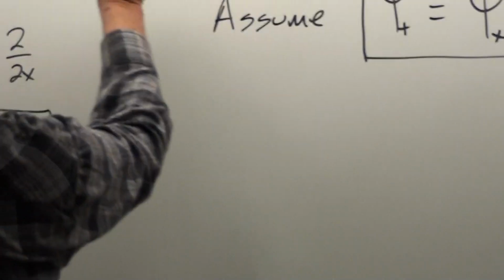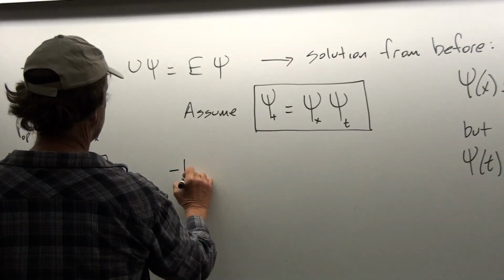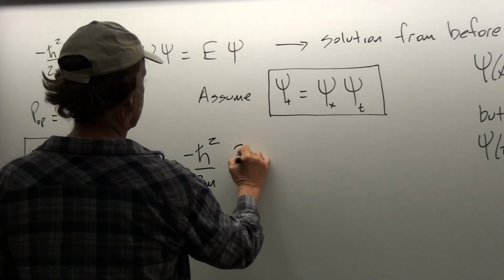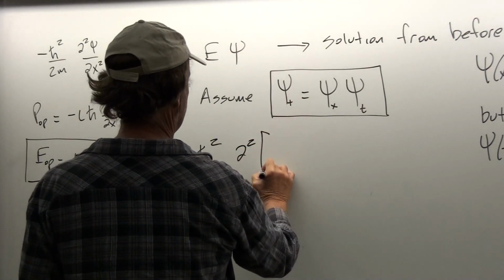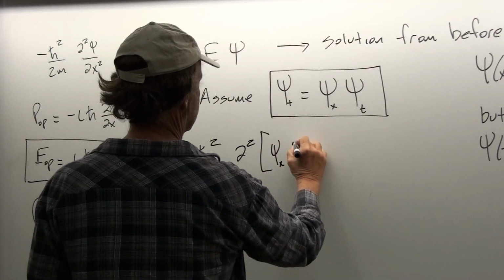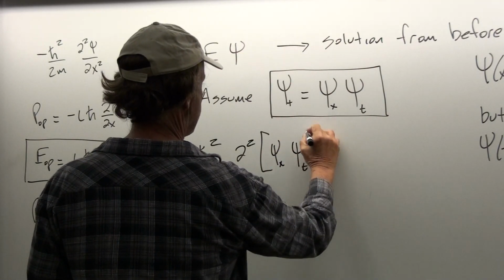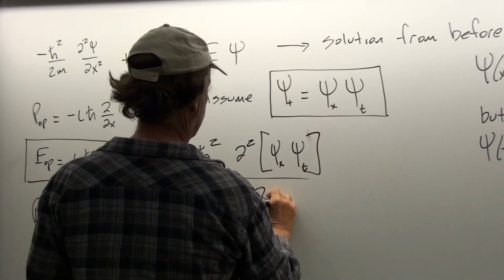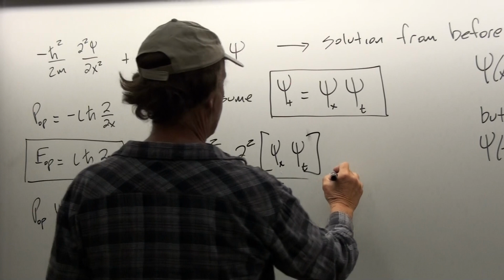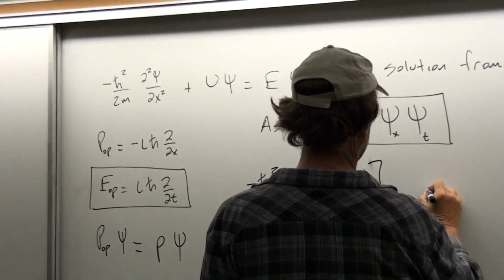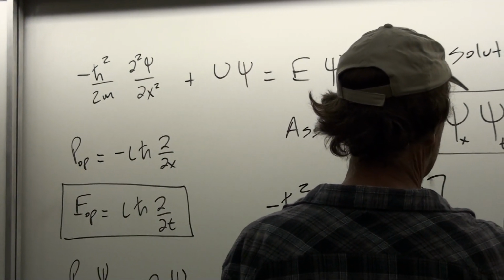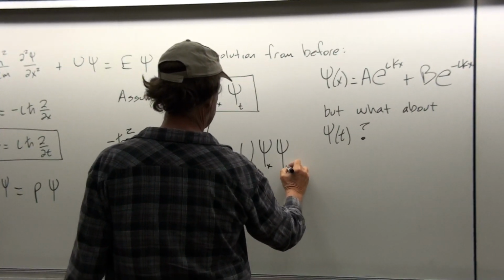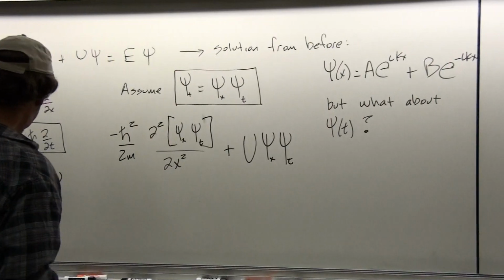Okay, so if we go back to this equation, we've got minus h bar squared over 2m partial squared of psi(x, t) with respect to x squared, plus in general we'd have U of psi(x, t), like that.